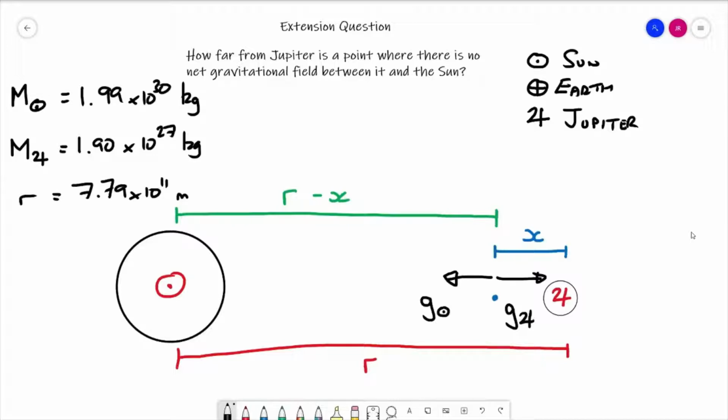They're acting in opposite directions, but we're looking for where there is no net gravitational field, and therefore from a magnitude point of view we just want when the gravitational field strength from the Sun is equal to the gravitational field strength from Jupiter.